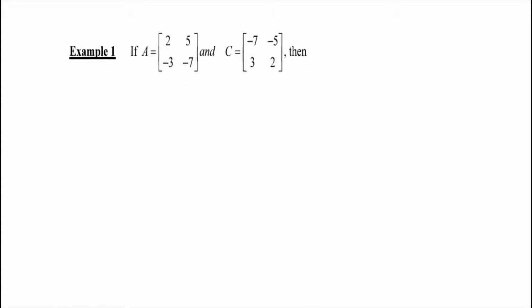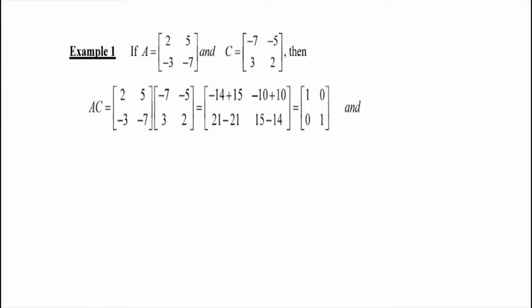Let's see an example. Here we discuss two matrices A and C with different entries. We get the product of A and C. We observe that the product of these two matrices is an identity matrix.